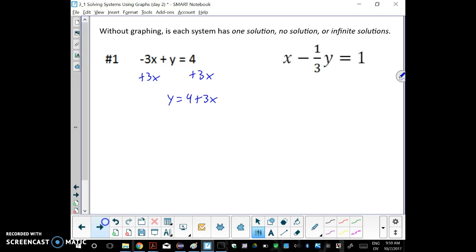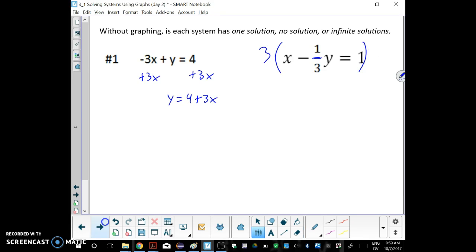Okay, the second one is kind of a mean, goofy question. It's pretty hard because it's got a fraction in it, and we got to get y alone, so at some point we got to deal with that fraction. I think we've talked about this before, where a good trick, if you don't like fractions, is you can look at this and say, hey, this is 1 divided by 3, and so if I want to get rid of that divide 3, the fraction bar means divide, I can take everything times 3, and then magically it won't have a fraction in it anymore.